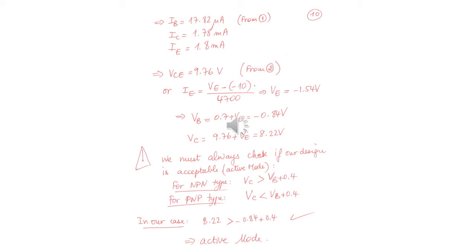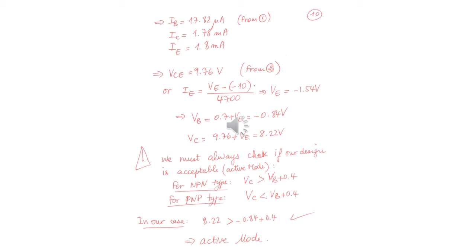You have to see it in the other slide. And then you will get VE. VB minus VE equals 0.7, so VB equals 0.7 plus VE. VC is 9.76 plus VE. And you will get this one.